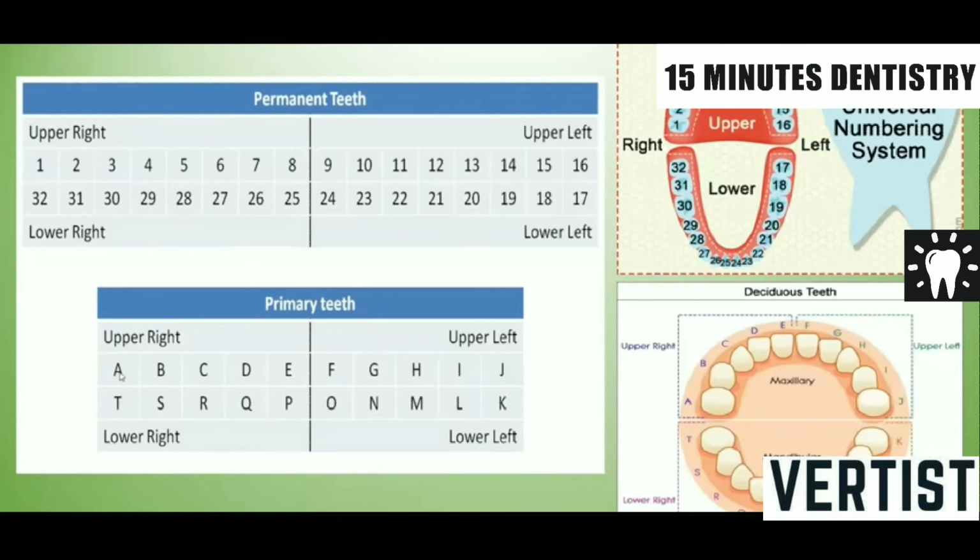So it starts from A and goes clockwise to T. A, J, K, T are all the deciduous second molars, and E, F, O, P are the deciduous central incisors. So this is for the primary teeth.